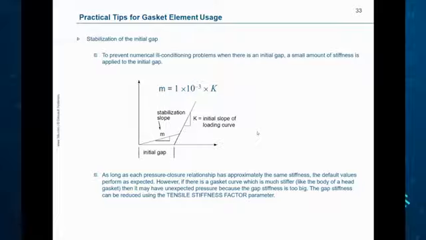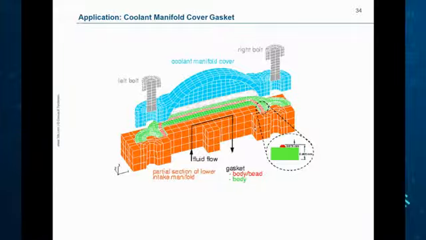And if K is big enough, then 0.001 times K might be too big. Then you'll have some noticeable sealing pressure on the body of a gasket, even though there should be no sealing pressure. So you might have to reduce this factor. And you can control it with this tensile stiffness factor option, which I think is part of gasket thickness behavior.